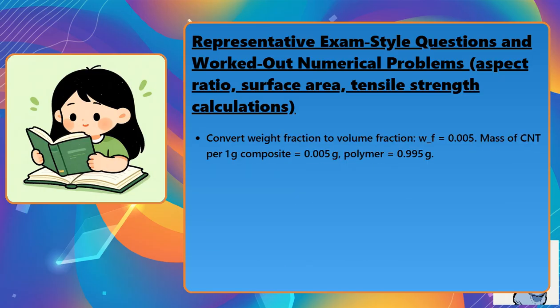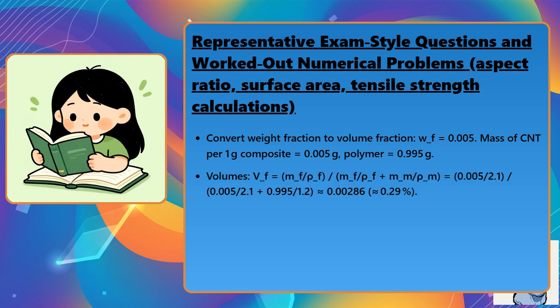Convert weight fraction to volume fraction. W sub F equals 0.005. Mass of carbon nanotube per 1 gram composite equals 0.005 grams. Polymer equals 0.995 grams.